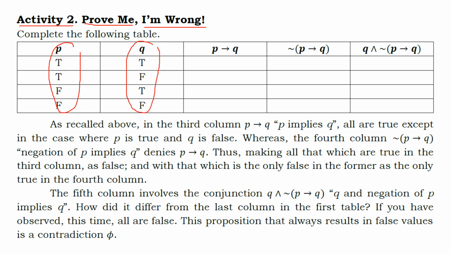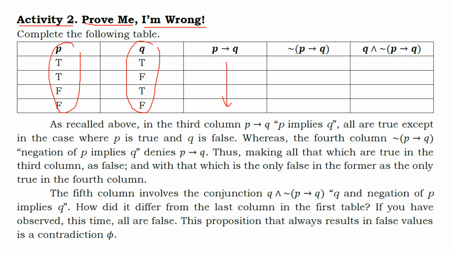Now, what will be the truth values for your P conditional Q, or P implies Q, in your third column? For your fourth column, whatever your truth values are from your third column, we simply get the negation of these truth values.